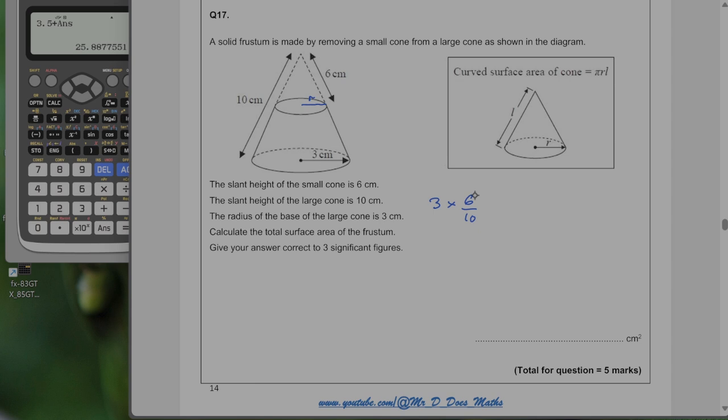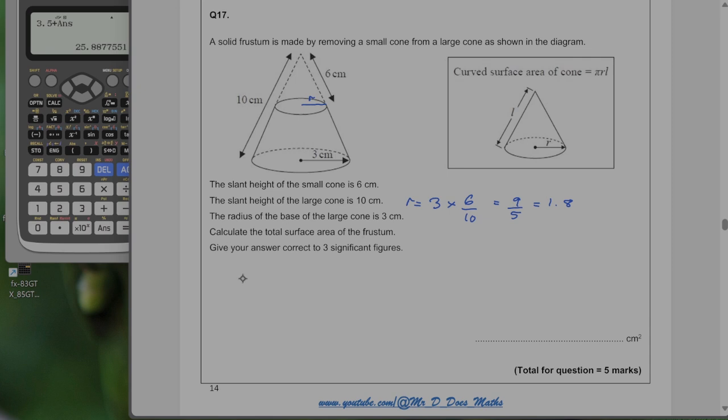That's going to give me 3 over 5, so 9 over 5. So R is going to be equal to 9 over 5, which would be 1.8. Right, and I'm going to try and do this as one sum then.